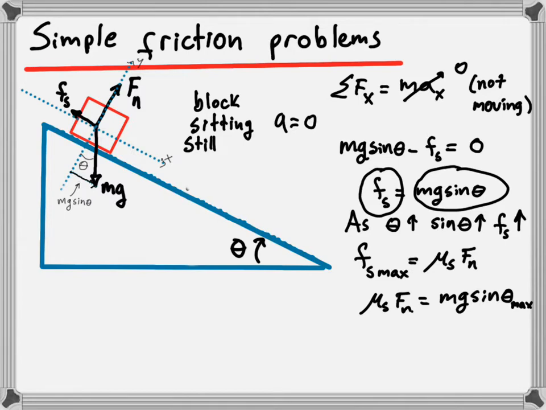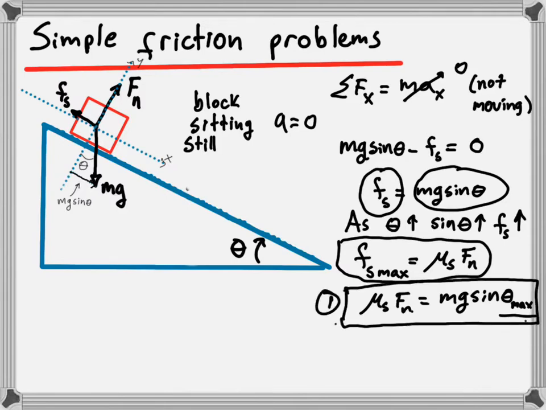Now notice that I'm not calling that theta any theta. This is a special theta. Only at theta max are we allowed to use this equation, because it is only valid at the extreme case, when the force of static friction is having to use all of its strength, which is mu sub s times the normal.